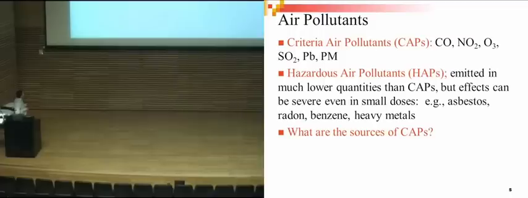These are typically going to be VOCs like benzene or aldehydes, other volatile organic compounds, heavy metals, and other pollutants that are emitted at much smaller doses. But typically, an air permitting authority would look at the total sum of all the HAPs in that emission rather than individual HAPs.